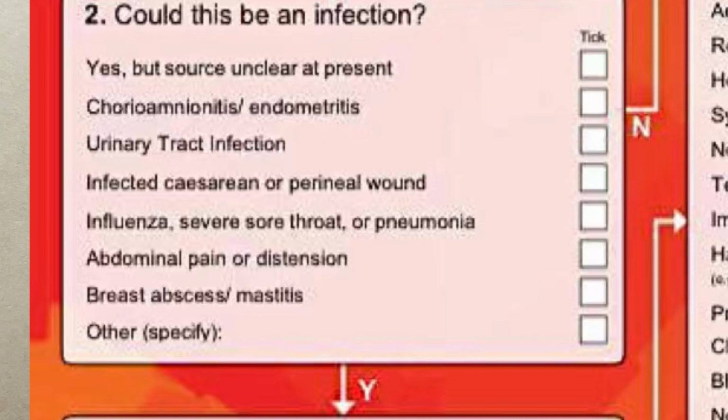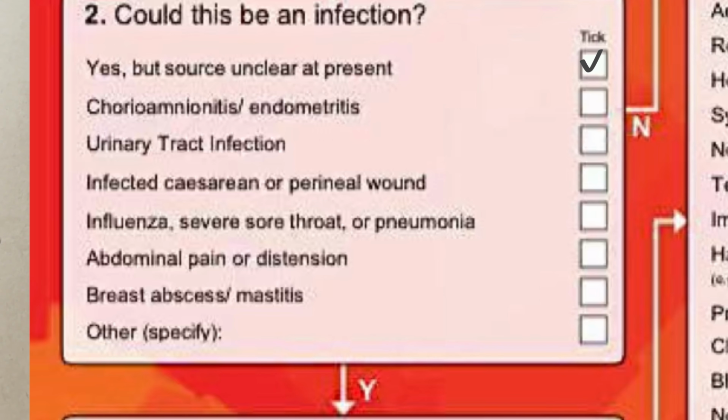So our question here says, could this be an infection? Now, here are some of the possible questions they want us to tick if it applies. Yes, but source unclear at present. What does this mean? Let's say that you did maternal observation, you did your postnatal check. Literally nothing is showing that patient has infection. For example, you were expecting that maybe when she delivered vaginally, she had a tear which was sutured, or she had a bruise which was infected.